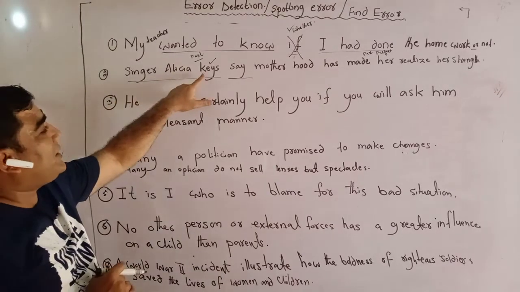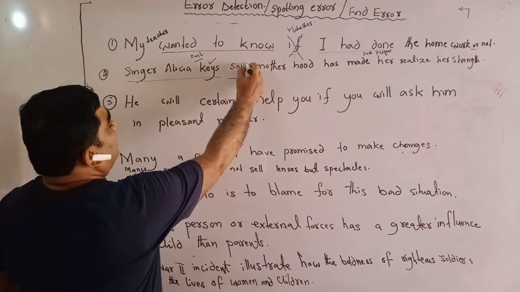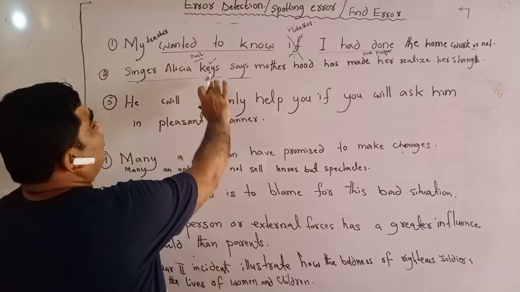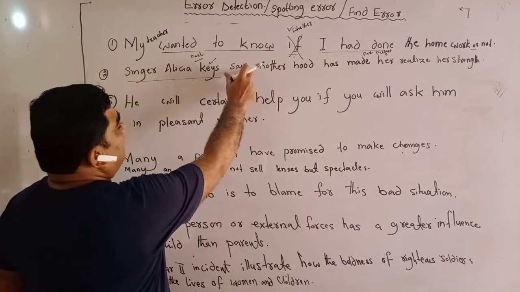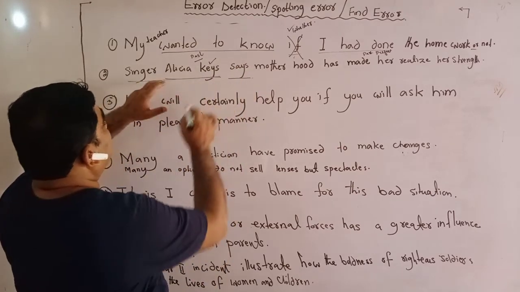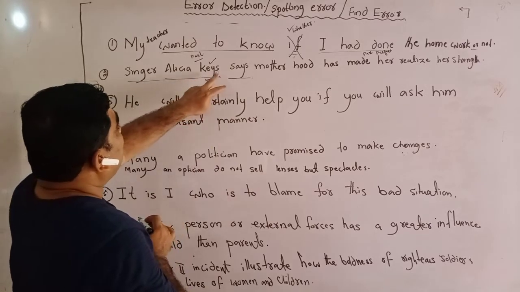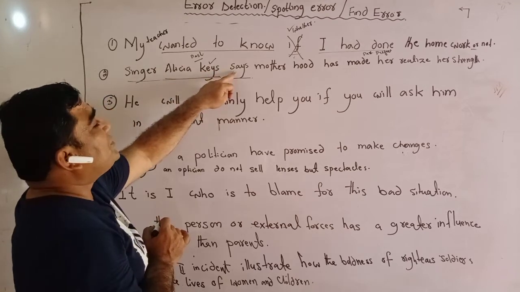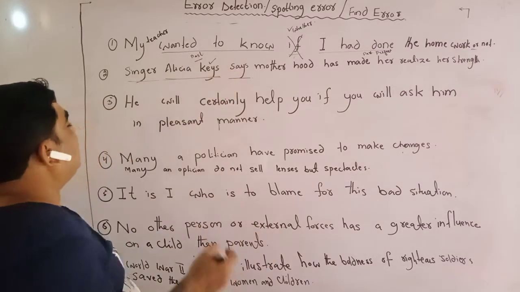Singer Alicia Keys say: this is the error here. What could be here? Says, then it would be the correct answer. Don't think that this is Keys plural and that would be says plural verb. This is the name Alicia Keys, a female singer from America, a singular proper name, not a plural. We use says, has said, said, in this way.